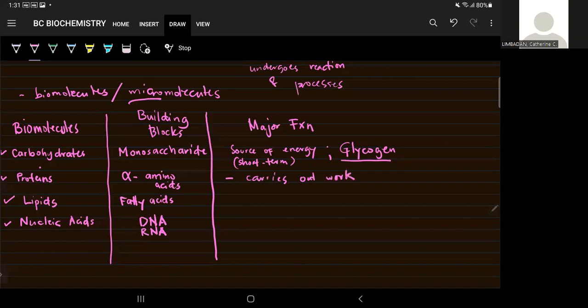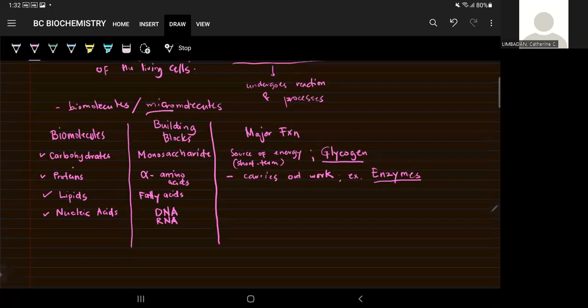Example of this one is your enzymes present in the cell, in the body, which carry out a reaction, which somehow hastens, pinapabilis niya yung certain biochemical reactions in the body with the help of enzymes. No? And enzymes are protein.